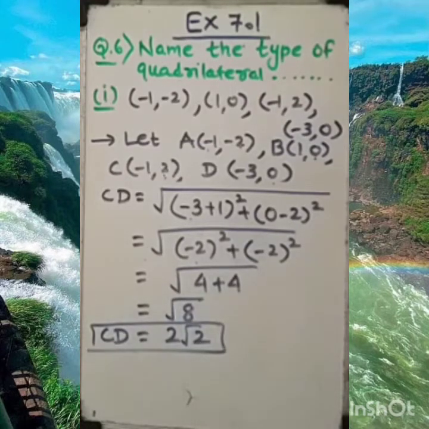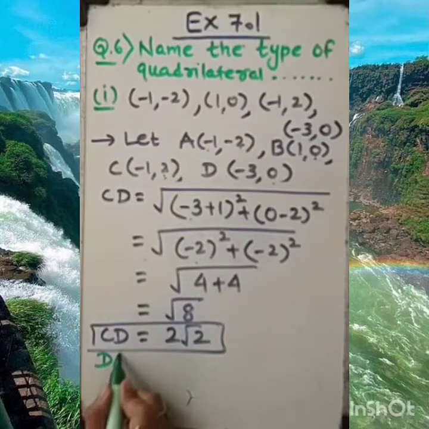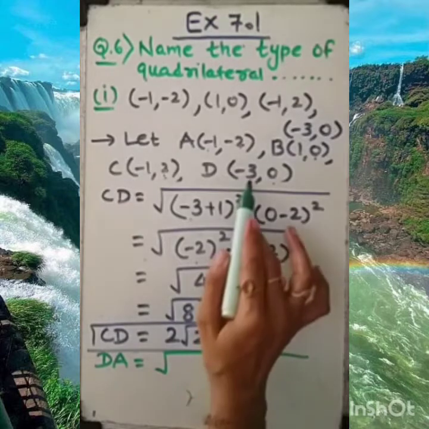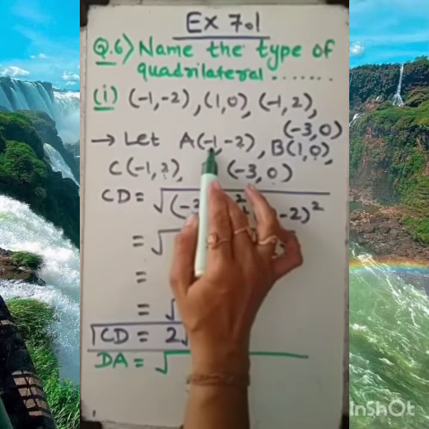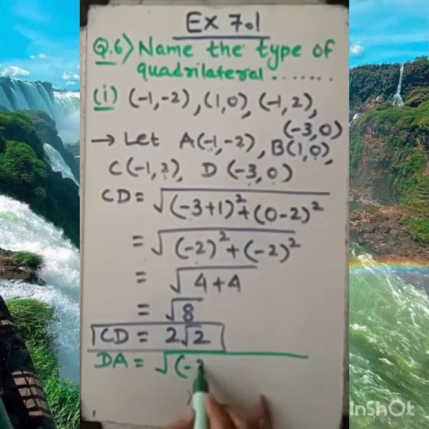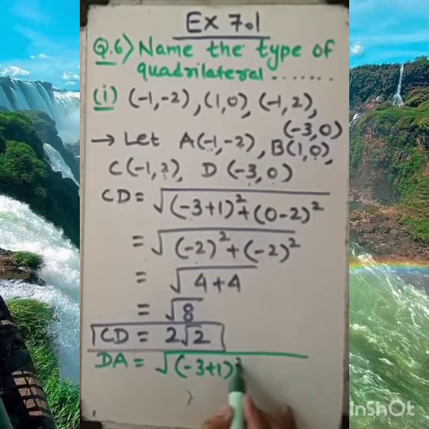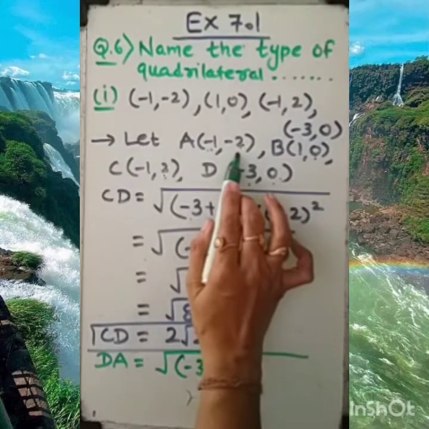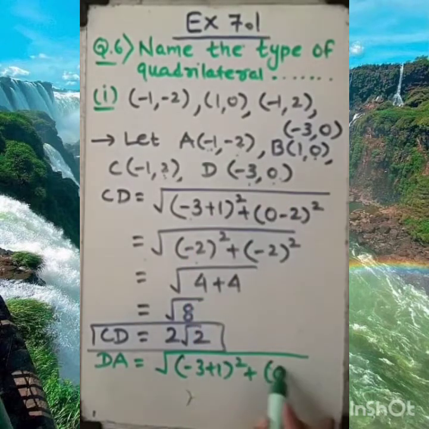But without finding the last side DA, it's not possible to say anything. So let's move to DA, the last fourth side. Minus 3 minus minus 1 will become plus 1. Then 0 minus minus 2 will become plus 2.